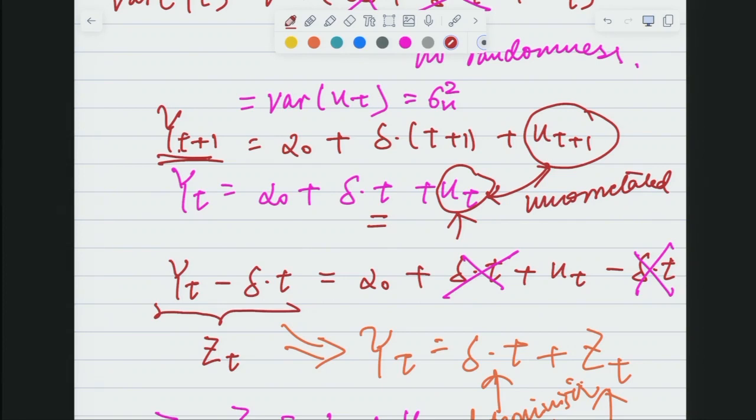And of course, we can have series that combine both types of trends simultaneously, as evident by the random walk with drift. So it has a deterministic trend component, which is captured by the alpha naught times t. Essentially, it's the drift that induces a deterministic trend in the random walk with drift model.